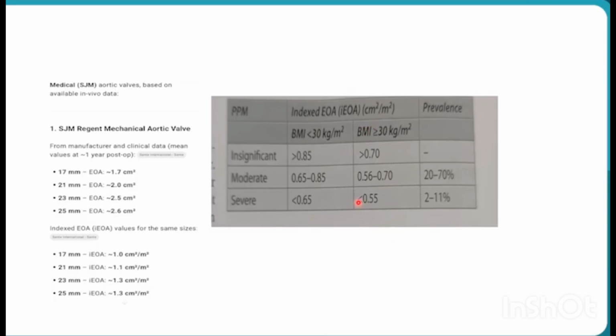As the body surface area is increasing, the cutoff is slightly lower, like less than 0.55 to be labeled as PPM for an obese patient versus 0.65 for a patient who has BMI less than 30. It is a purely mathematical way to represent that if the patient is more obese, the cutoff has to be further lowered down to 0.55.